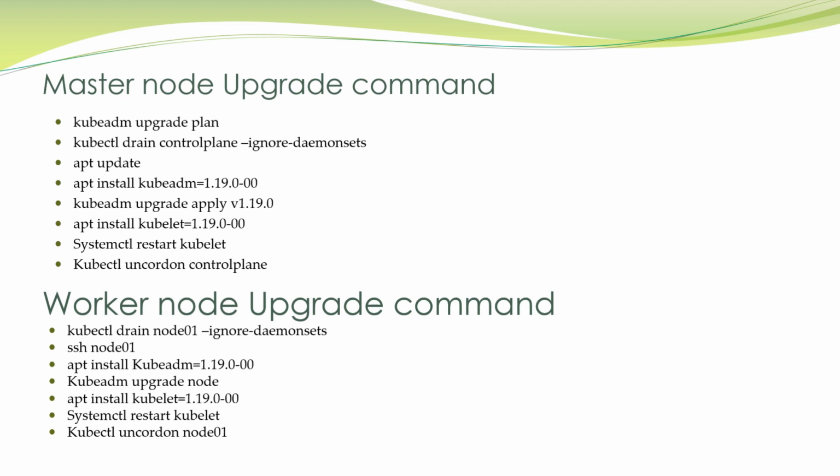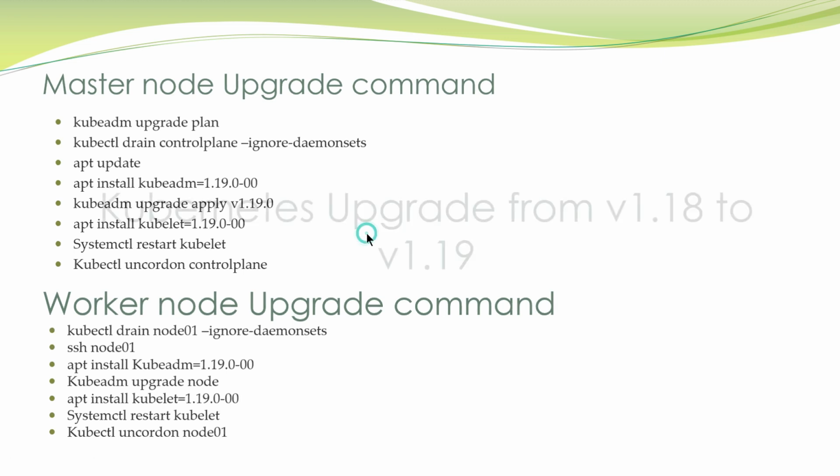You have to first come out of the worker node, and then execute the kubectl command to uncordon node01. In the environment, I currently have two nodes. One is the control plane, the master node, and the worker node is node01.